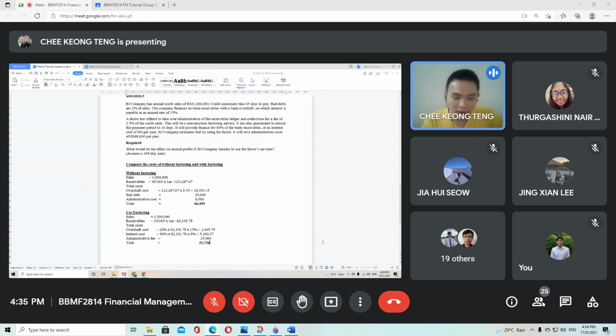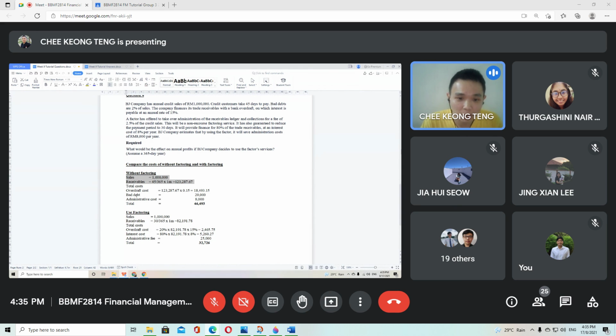You just need to know that the objective is to compare the cost. So I need to find out the total cost without factoring and the total cost using factoring. First step, trust me, find the sales and receivable first. You must find these two first because later on a lot of the costs are based on these figures.